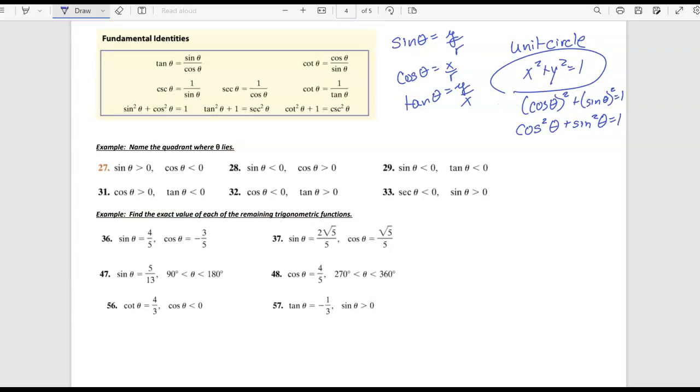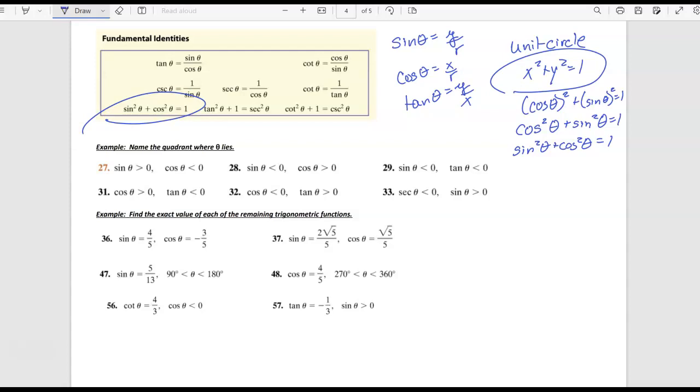But that's what that means. So we've got this, and we know we can add things in any order, right? So we could rewrite this as sine squared theta plus cosine squared theta is equal to 1. So that's where this identity comes from. My high school trig teacher always called that guy the 5-star general because that's where everything else is going to come from. Okay, that's your big one.